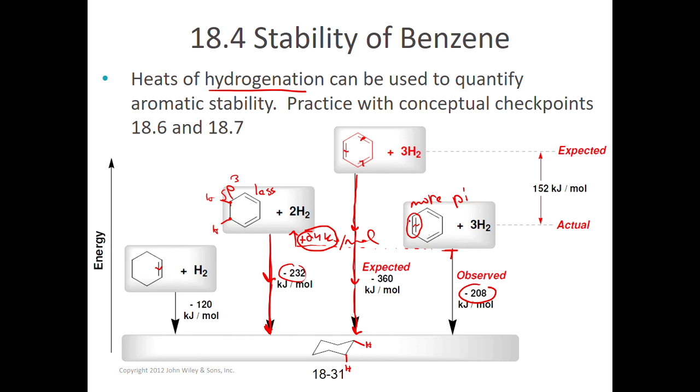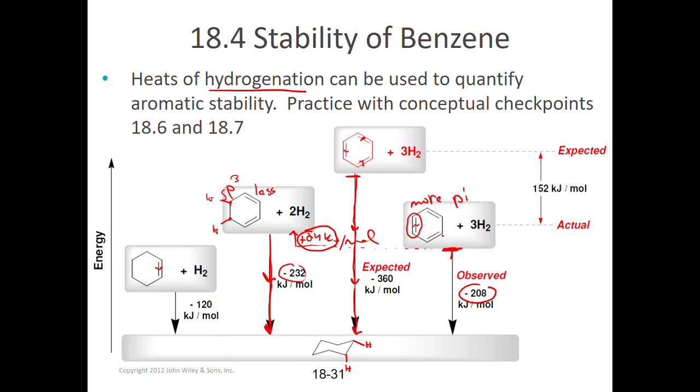So we can say adding in the third pi bond actually goes down in energy because it makes it a little bit more stable, versus going up in energy. If I had to break 3 pi bonds that weren't in conjugation, about 360 kilojoules per mole would be released into the surroundings.